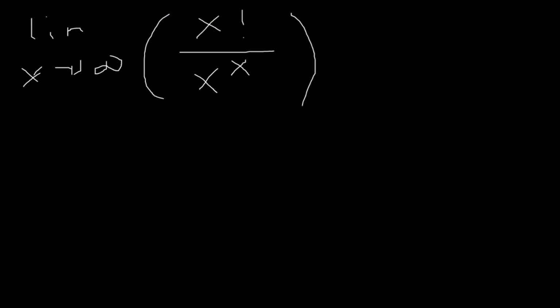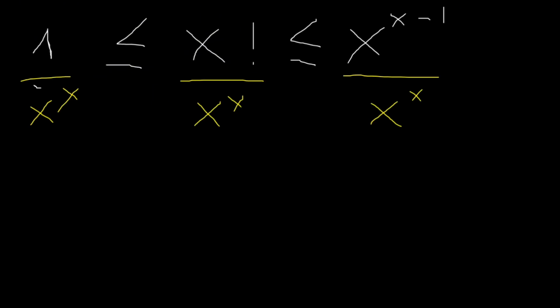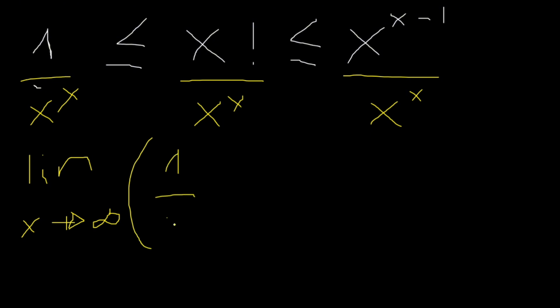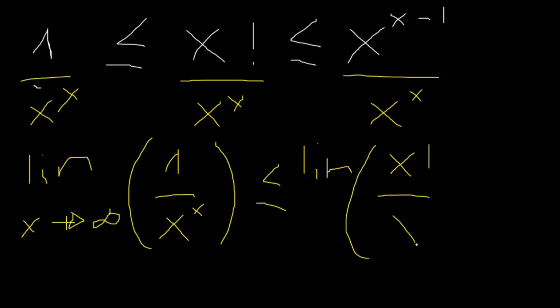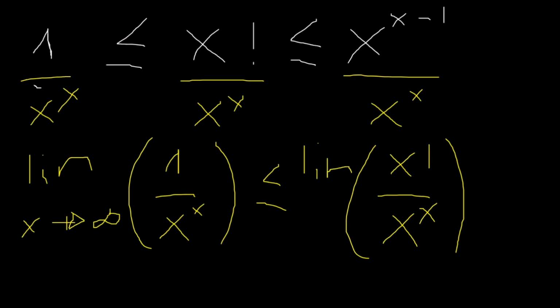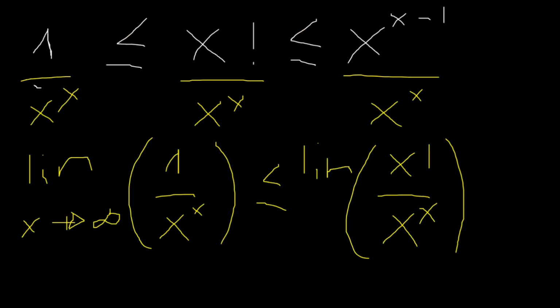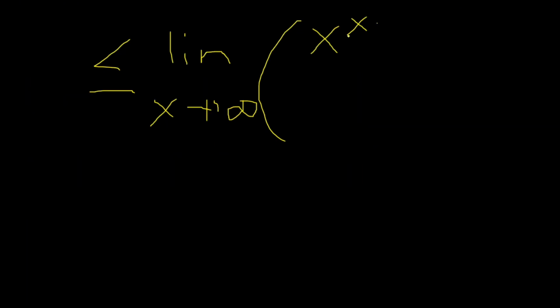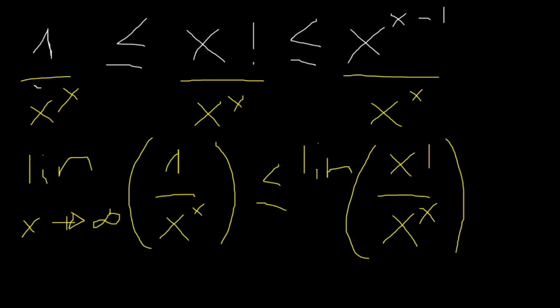From here, we introduce a limit as x tends to infinity: the limit of 1 all over x to the power x is less than or equal to the limit of x factorial all over x to the power x, which is less than or equal to the limit as x tends to infinity of x to the power x minus 1 all over x to the power x.